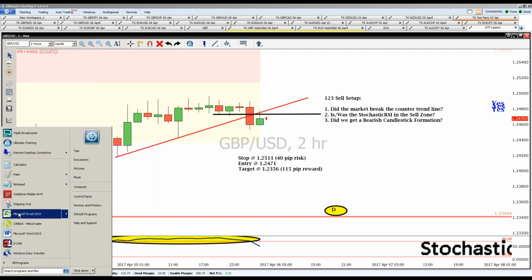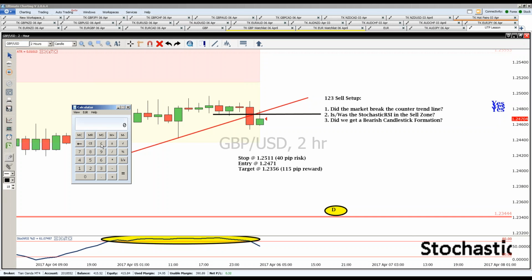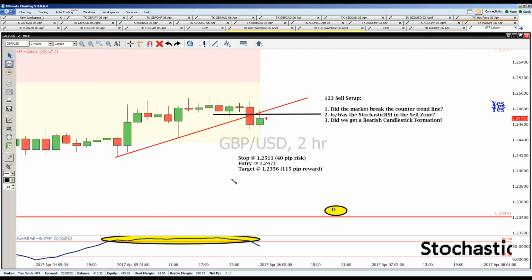Now if I want to work out the risk reward ratio, I take that 115 pips reward and divide it by the 40 pip risk, and I get 2.8. So this means I am risking 1 pip to make 2.8 pips. What a pleasure.